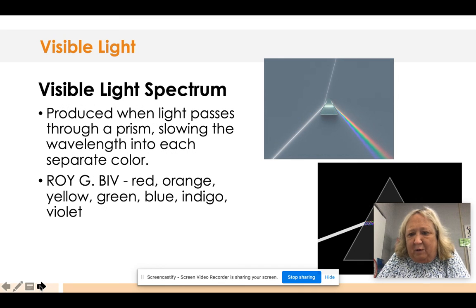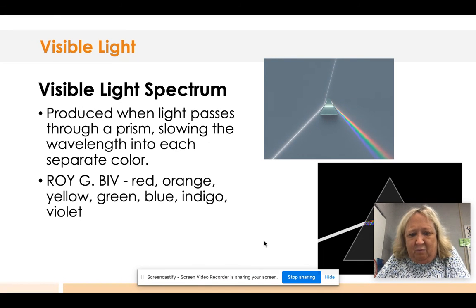Okay. The visible light spectrum, so what we can see, is produced when light passes through some sort of prism. A prism, as I'm sure you've seen it, looks like this, it's glass. And that slows the wavelength into each separate color. I don't know if you've ever heard this in art class or sometime, but the colors are called Roy G. Biv.